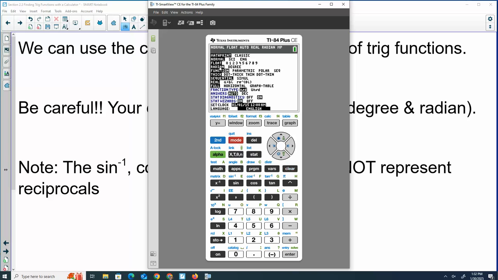And you can see right now mine is in radian mode. So the very first thing I need to do is flip it over into degrees. Now if you're using your own calculator, once you change that setting, it'll stay unless you reset the memory. But if you're using one of mine, they get changed back and forth a lot, so you want to make sure that you flip it. So we need to make sure, first of all, that we are in degree mode.